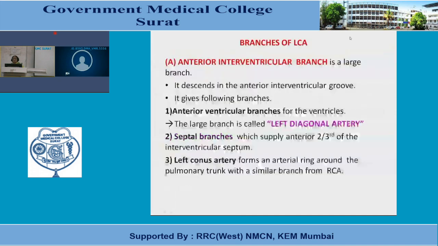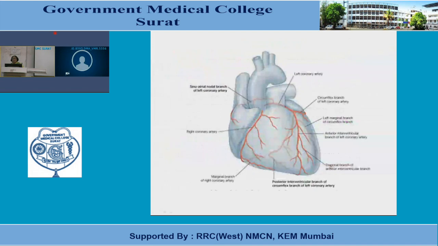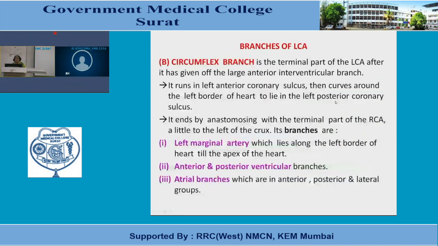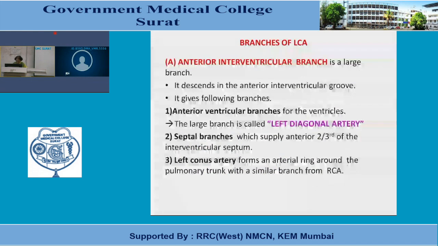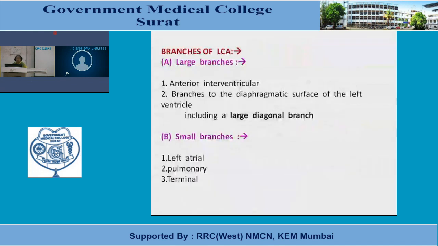The diagonal branch of the anterior interventricular artery is a branch of the left coronary artery. Small branches are the left atrial, the pulmonary and the terminal. So large are two and small are three.